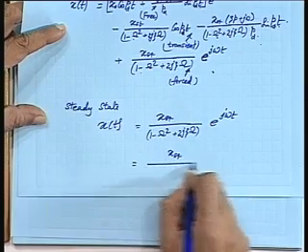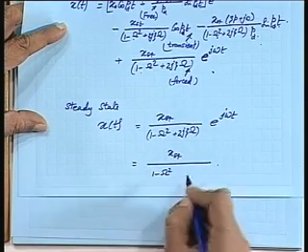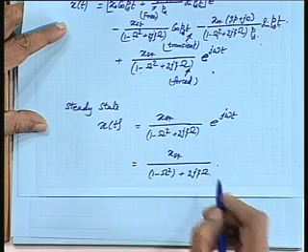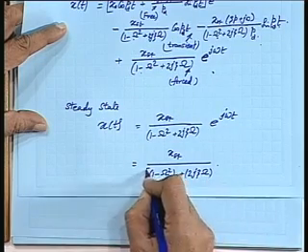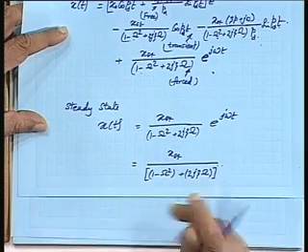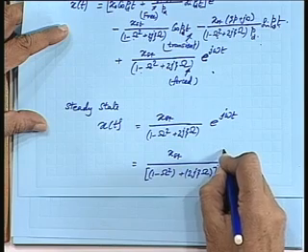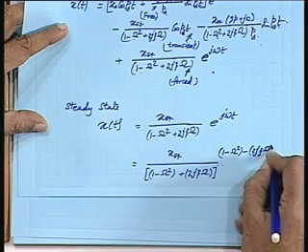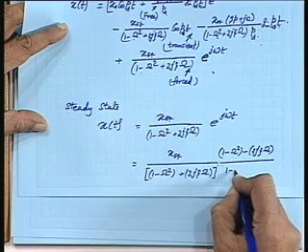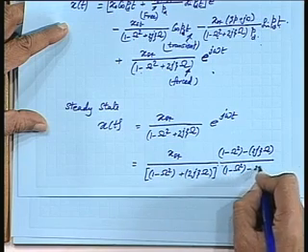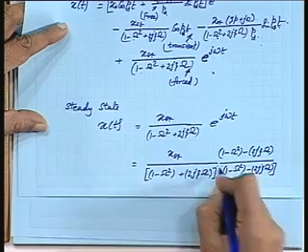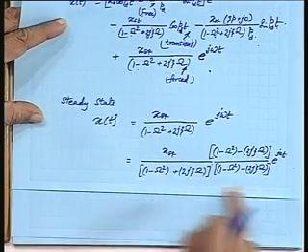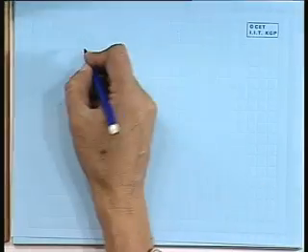What we write is this: put it into parts like this, okay, and I multiply and divide by the same thing.